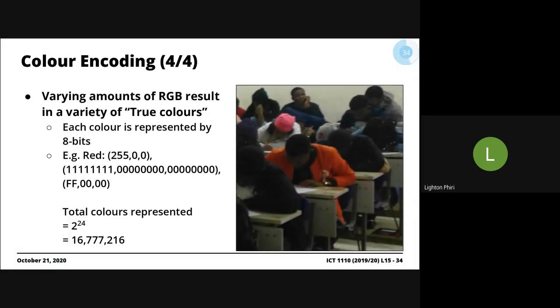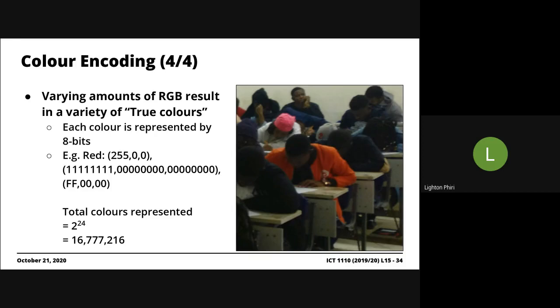And then for true color, or colored photos, we're using 24-bit representation, but using 3 separate colors in this particular example. Of course, it gets more complex if you look at the color schemes available out there. But to make it simple, assume that the colored photos, or true colors, are represented using red, green, and blue.